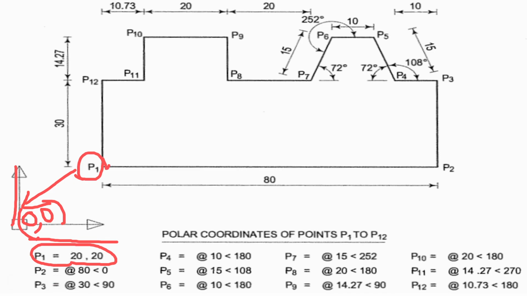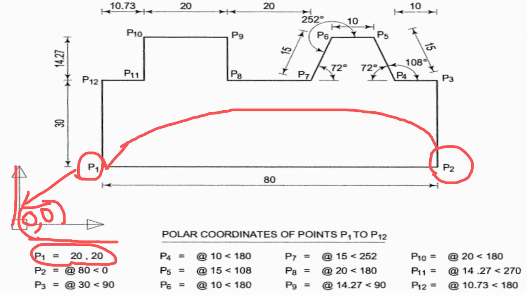After representing P1, when you move to P2, P2 is represented with respect to the previous point, which is P1. I will be repeating once again. P2 is represented with respect to P1, not to the origin. So if I write the P2 coordinates, I already said it is the relative polar coordinate method.